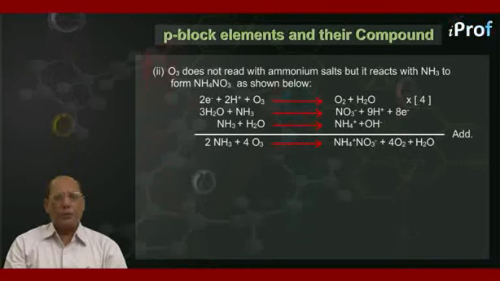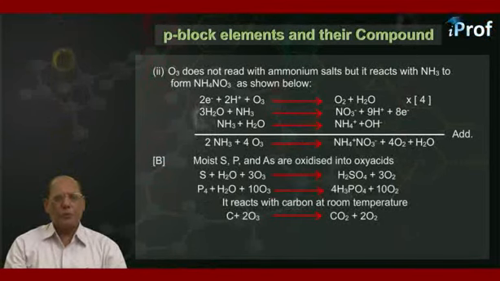Now, B type of reactions. Moist sulfur, phosphorus and arsenic are oxidized into oxyacids. For example, S + H2O + 3O3 give H2SO4 + 3O2.